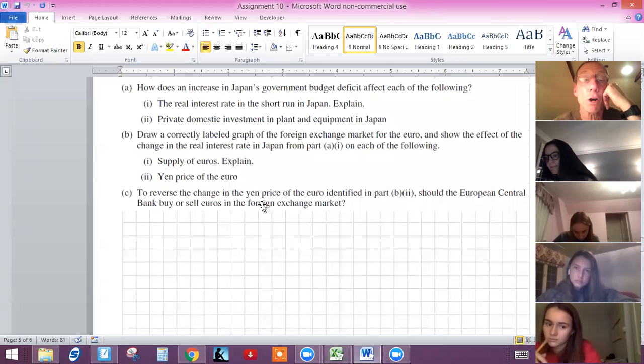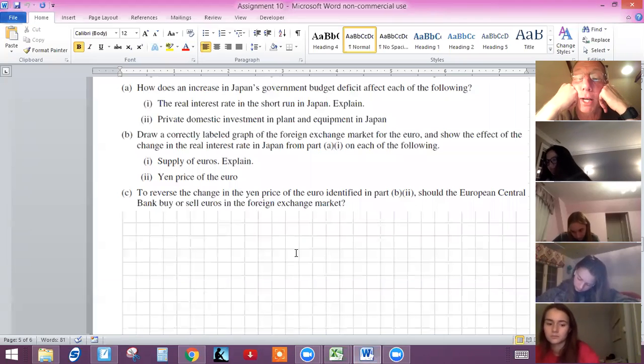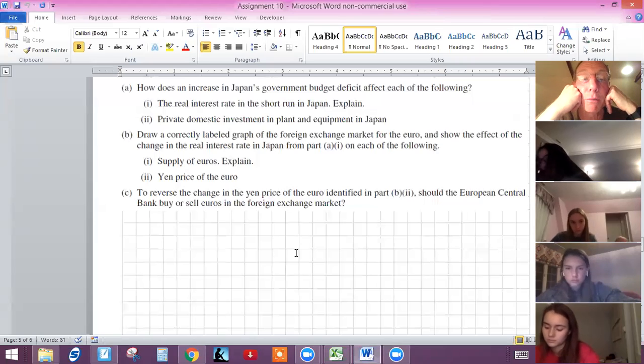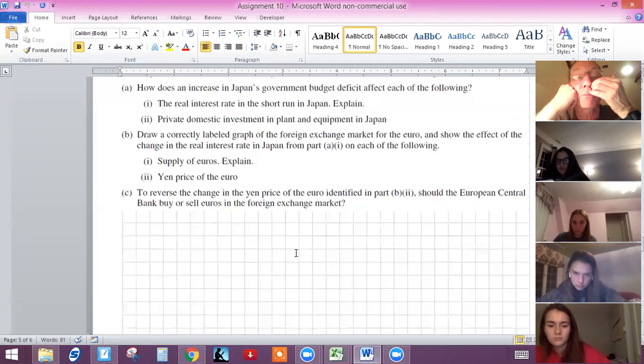Okay, to reverse the change in the yen price of the euro identified in part B2, should the European Central Bank buy or sell euros in the foreign exchange market, right? So to reverse the devaluing of the euro, what should the European Central Bank do?